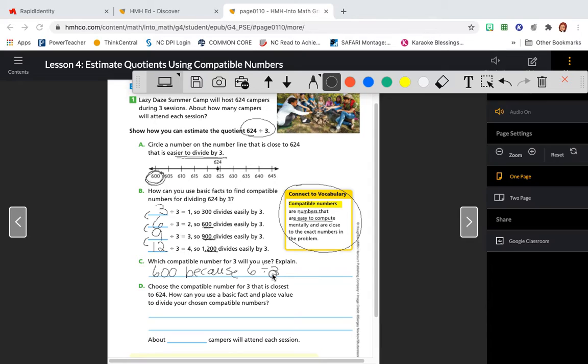So 6 divided by 3 is easier. And remember, we're trying to find a number that's the easiest to compute. So it's compatible numbers.